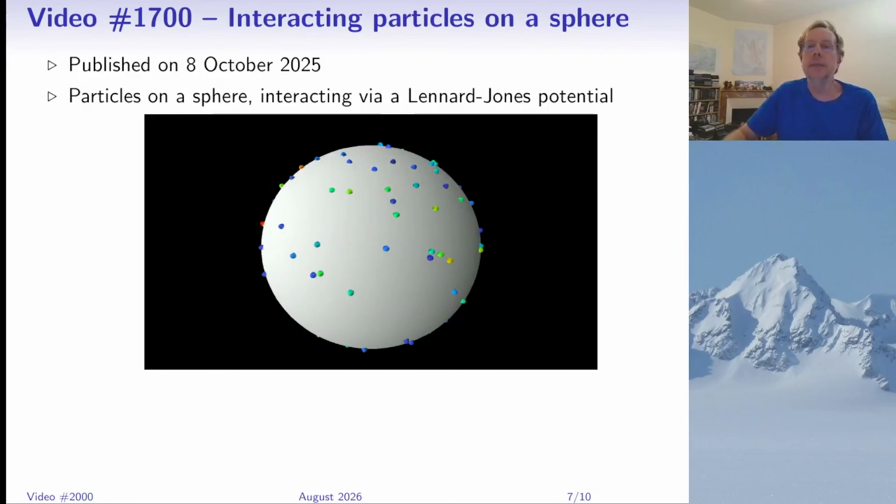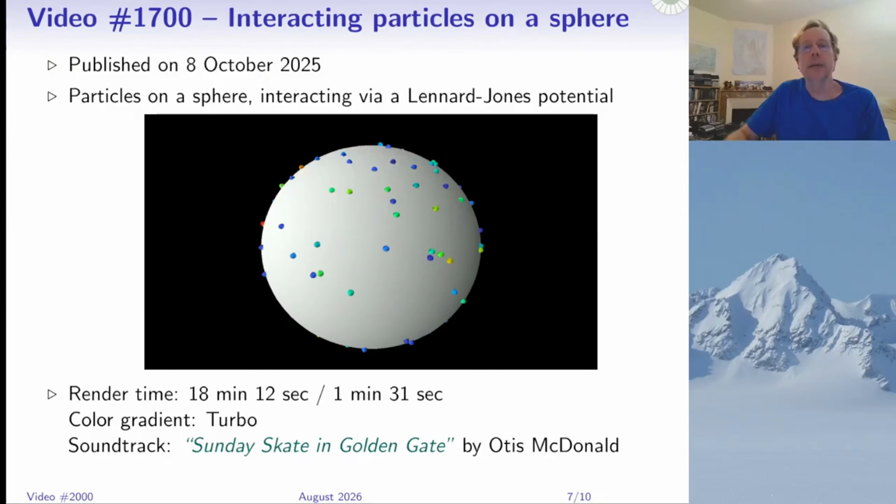So this is, as I said, my first simulation on that kind of system, so it simply consists in a bunch of particles on a sphere with different velocities, and they interact, and their color represents their kinetic energy. So it was published in October 2025.